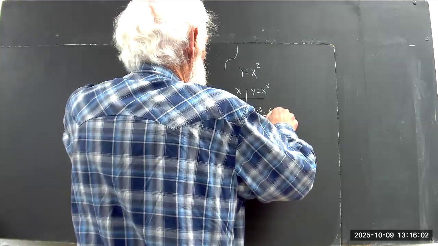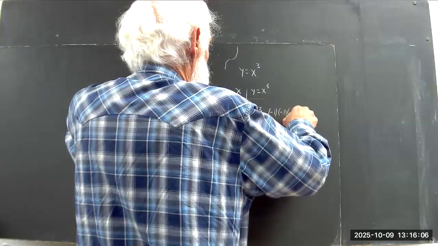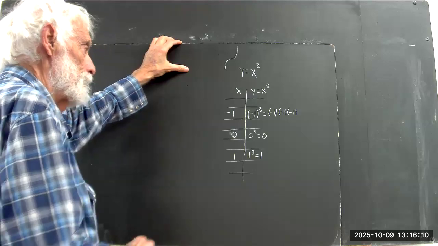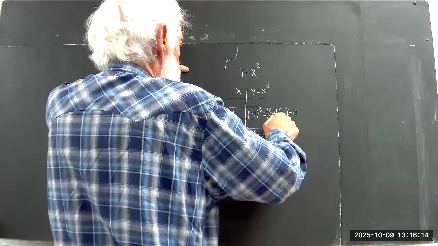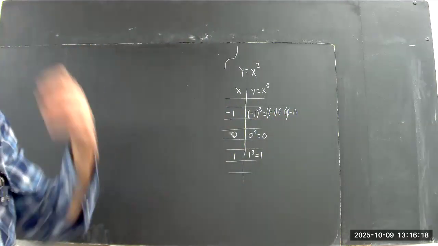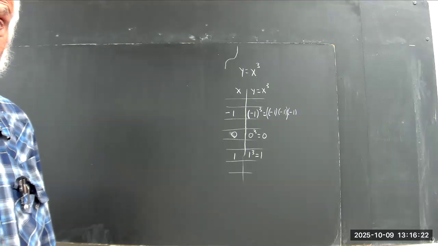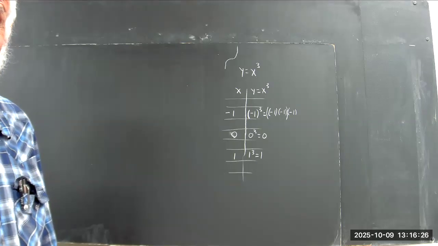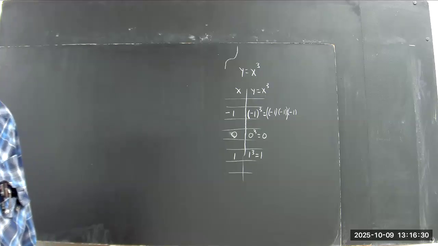-1 cubed is -1 times -1 times -1. Well, I'm going to put an extra set of parentheses here. And I'm just going to go -1 times -1. Not everybody knows what -1 times -1 is. And this is a fatal indictment of our educational system.